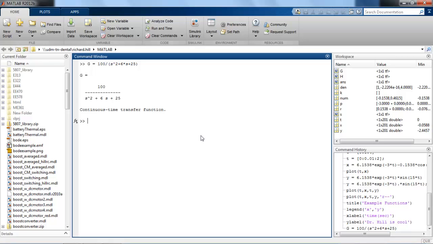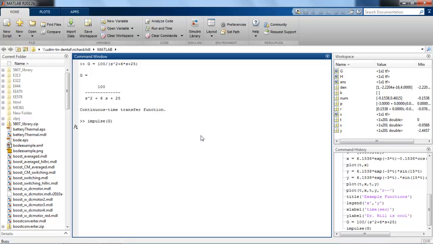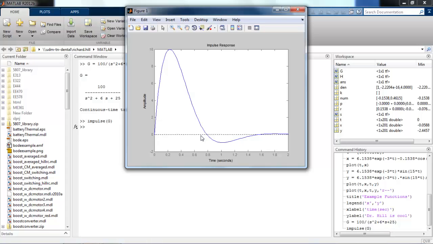To find the impulse response, we can use the impulse command. So we use the command impulse and supply it a transfer function g, and it'll generate a graph of the corresponding output for an input that's a unit impulse. So that's what it looks like, which is what we would expect.